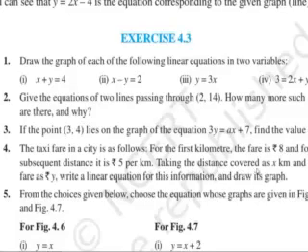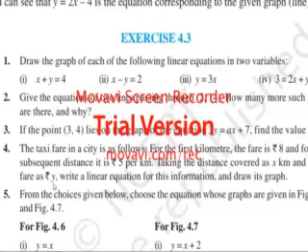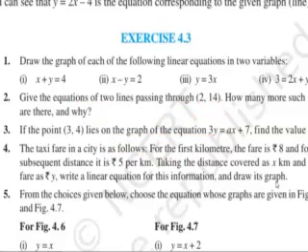Taking the distance covered as x kilometer and the total fare as y, write a linear equation for this information and draw its graph. You have to make a linear equation for this relation, and you have to draw the graph also. You have to take distance covered as x and total fare as y.